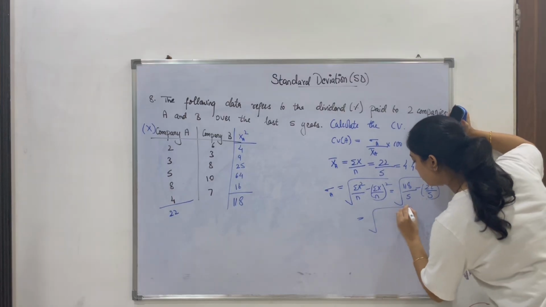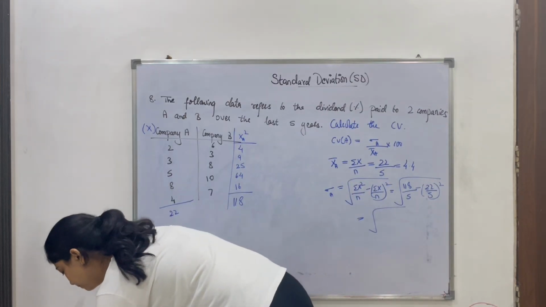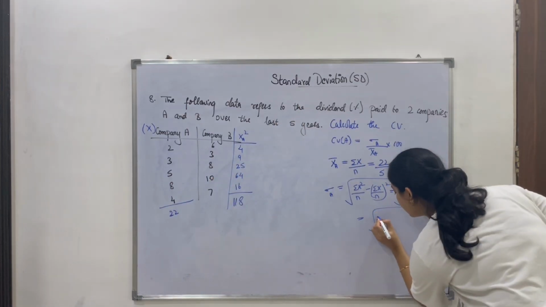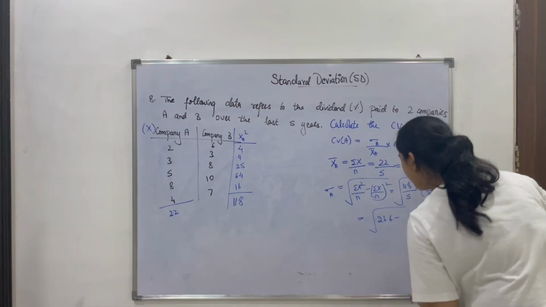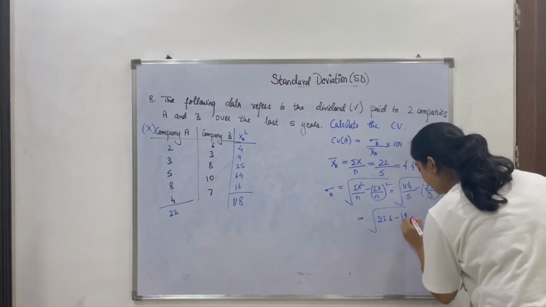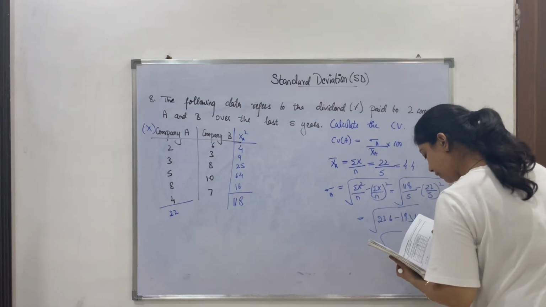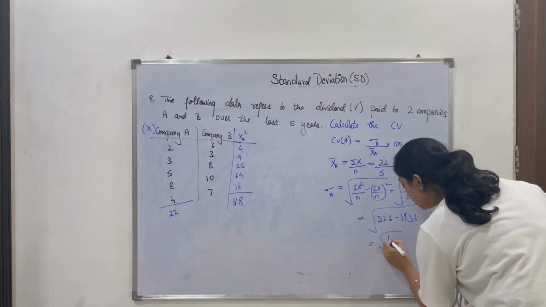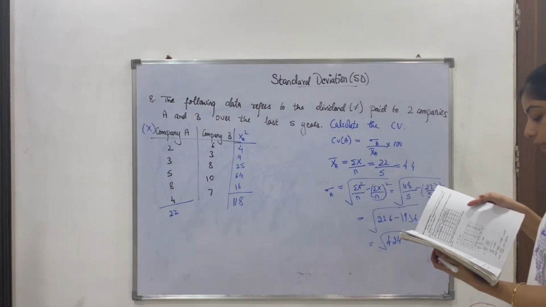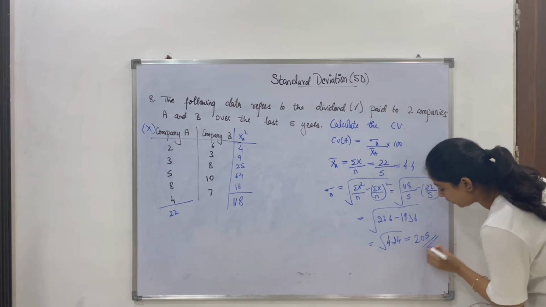So now calculating this, we will get 23.6 minus 19.36 under the root, and the value after calculating is 4.24. Now taking the root of this using the calculator, your answer is going to be 2.05.